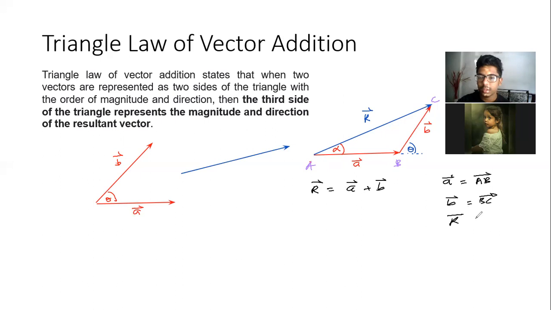So R vector, AC vector, is equal to AB vector plus BC vector. You can see they follow the same order: A to B and B to C gives A to C. So you see the pattern, AB plus BC is equal to AC. This is the triangle law of vector addition.